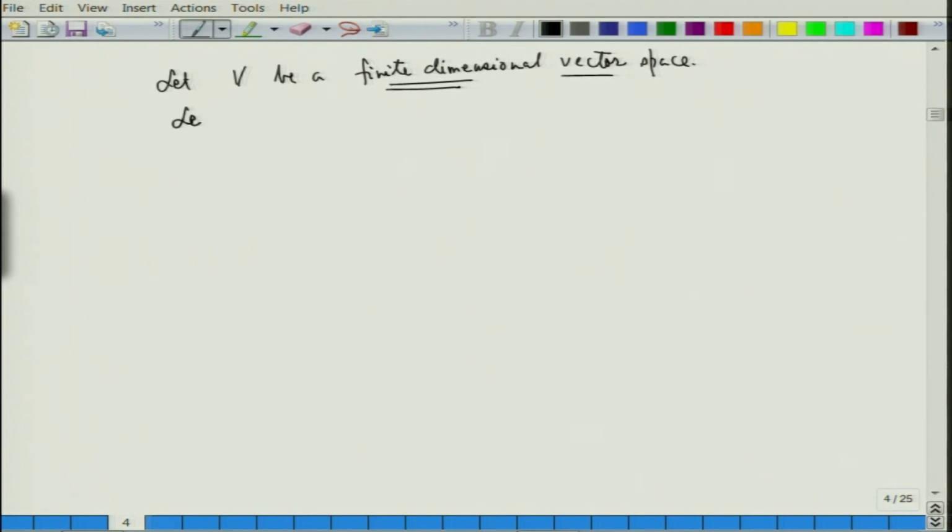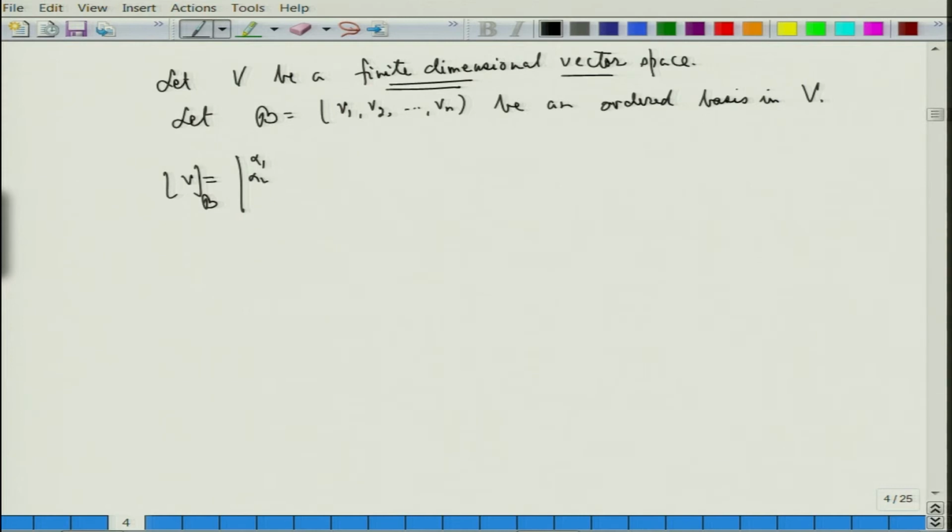So let V1, V2, up to Vn be an ordered basis in V. Once this is an ordered basis, any element v can be written as, so v with respect to B is some alpha 1, alpha 2, up to alpha n, and any u with respect to B will be equal to some beta 1 to beta n.